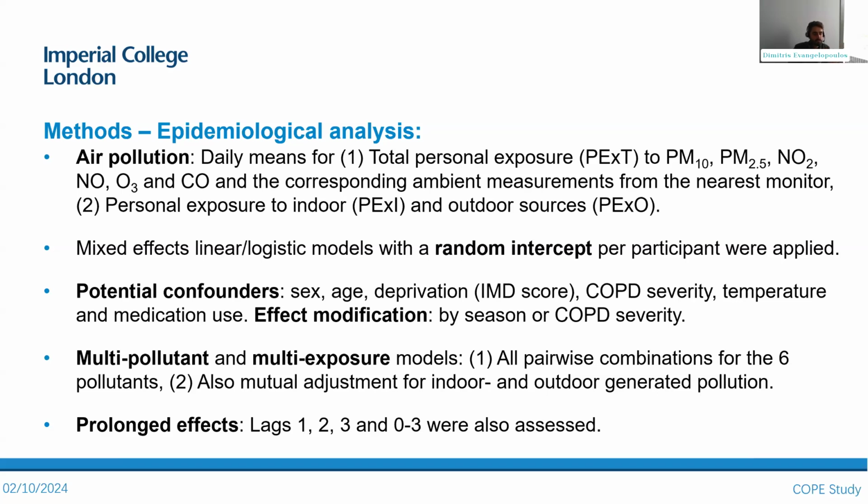For the epidemiological analysis, we used daily means for these exposures, so total personal exposure, personal exposure from indoor sources, and personal exposure from outdoor sources. We used daily means because the health data were assessed on a daily basis. So we had daily symptoms and daily measurements of peak expiratory flow.